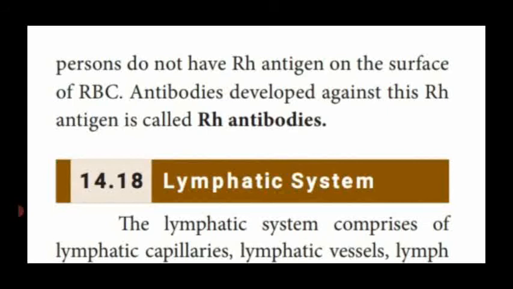At the same time, the person having the RH factor has antibodies in the plasma region, and those antibodies are known as RH antibodies. So this is another antigen which is present in some rare cases. These are all the different types of blood groups and their antigens.